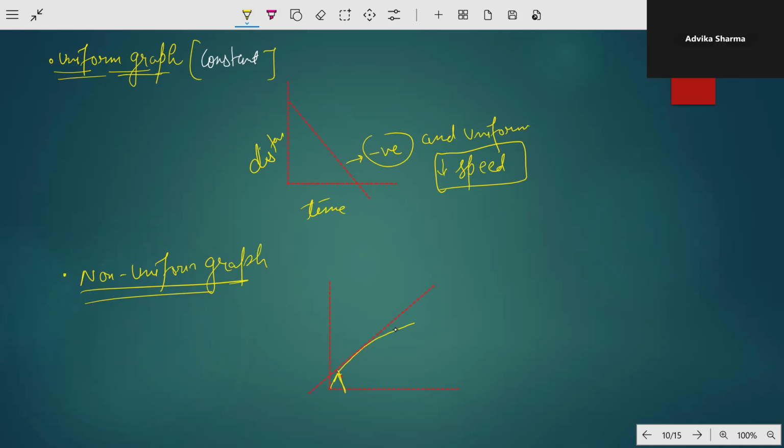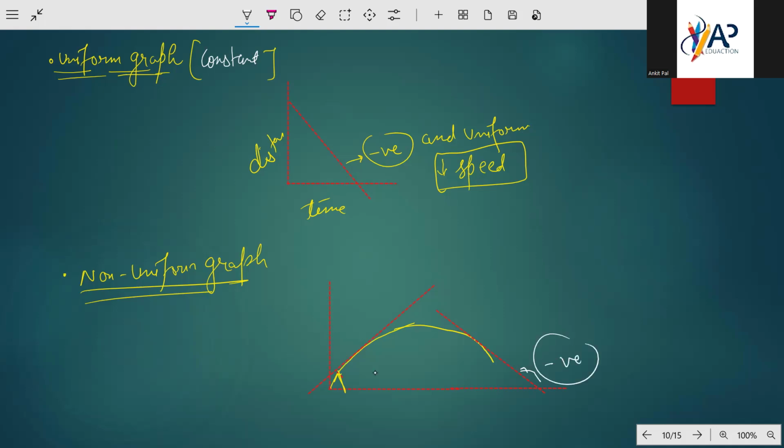If we draw continuously like this, when we draw the tangent here, it means the graph is negative, right? Yes, because the angle is greater than 90.